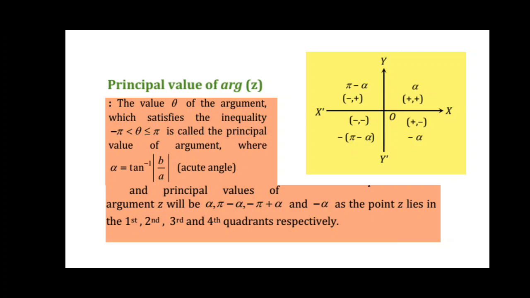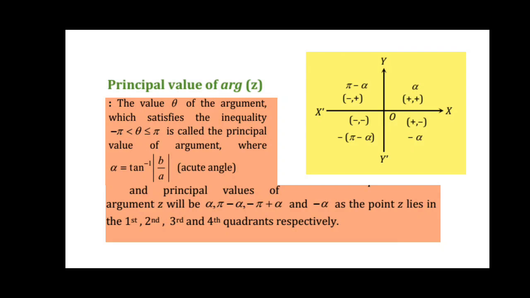If the complex number lies in the third quadrant, it will be minus of pi minus alpha, and if it lies in the fourth quadrant, it will be minus alpha. So according to the quadrant, we can find the principal value of the argument of z.